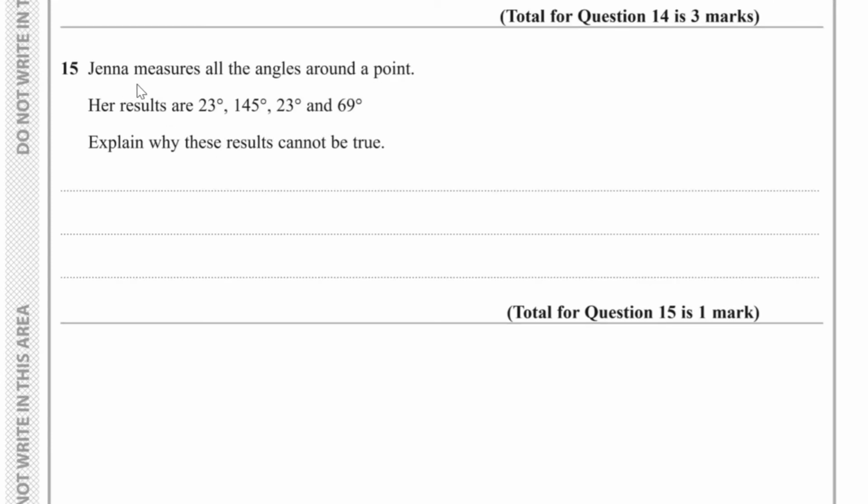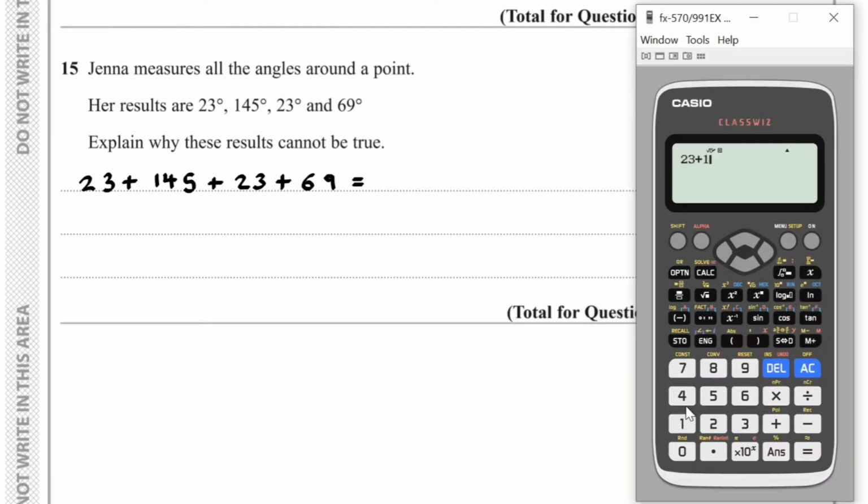Question number 15. Jenna measures all of the angles around a point. Her results are 23 degrees, 145 degrees, 23 degrees and 69 degrees. We have to explain why these results cannot be true. Well, angles around a point sum to 360. So, if I add 23, 145, 23 and 69 together, it turns out we get 260.